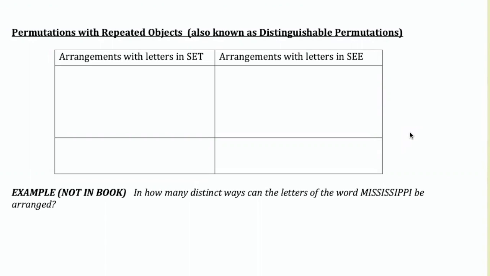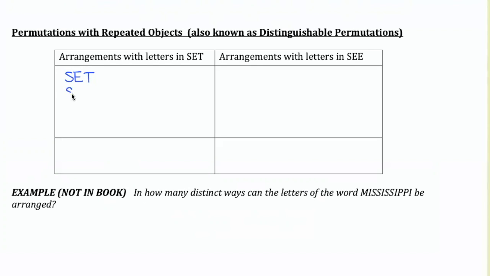Now, it is possible in some situations that your permutations have repeated objects. They're known as distinguishable permutations. If you have repetition of certain things and you can't tell the difference between them, that reduces the number of ways that you can organize them. For example, suppose I want to arrange the letters in the word SET. Well, I can leave them in the current order.